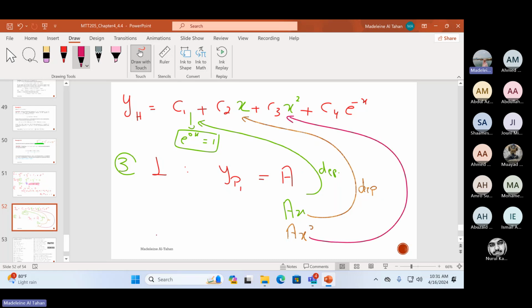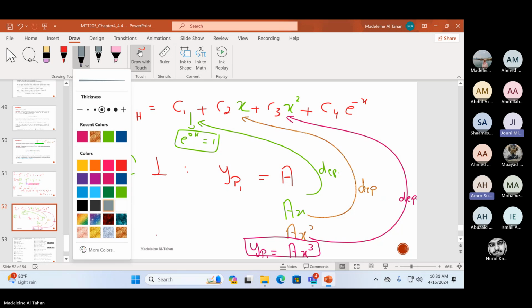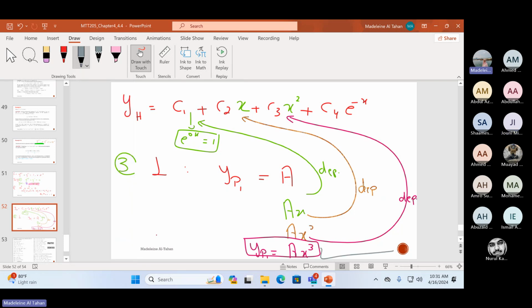Where's our problem? Dependent or independent? Do we have x squared? Yes. So dependent, what should we do, miss? Also multiply by x. Is this one accepted? Yes, because it is independent. So this is YP1.